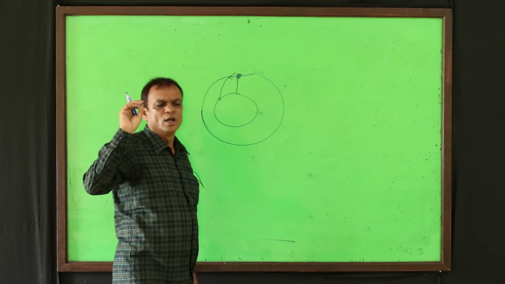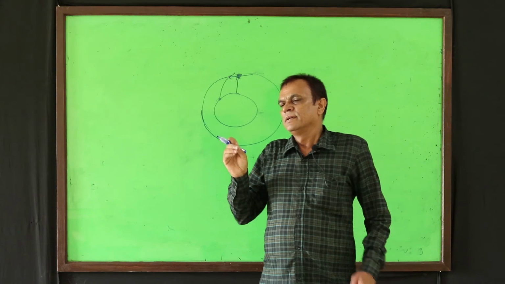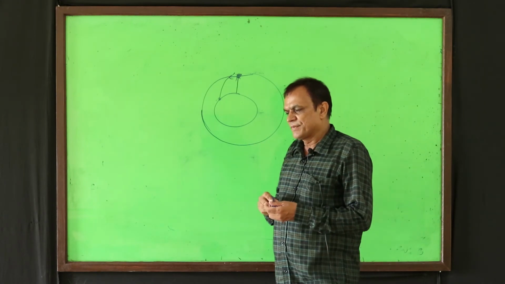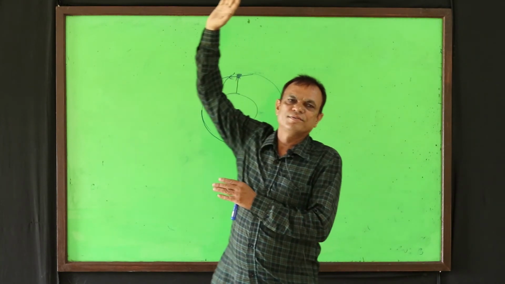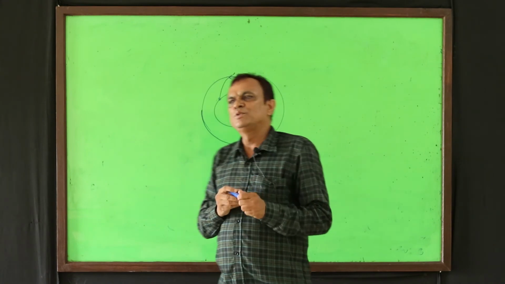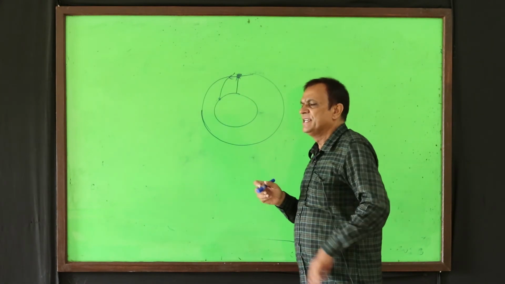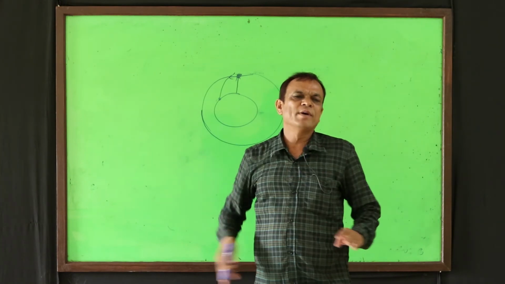In this way all planets move around the sun, because due to centripetal force the planet doesn't go far from the gravitational field of the sun, and due to its escape velocity it forms an orbit, and on that orbit all planets move around the sun.